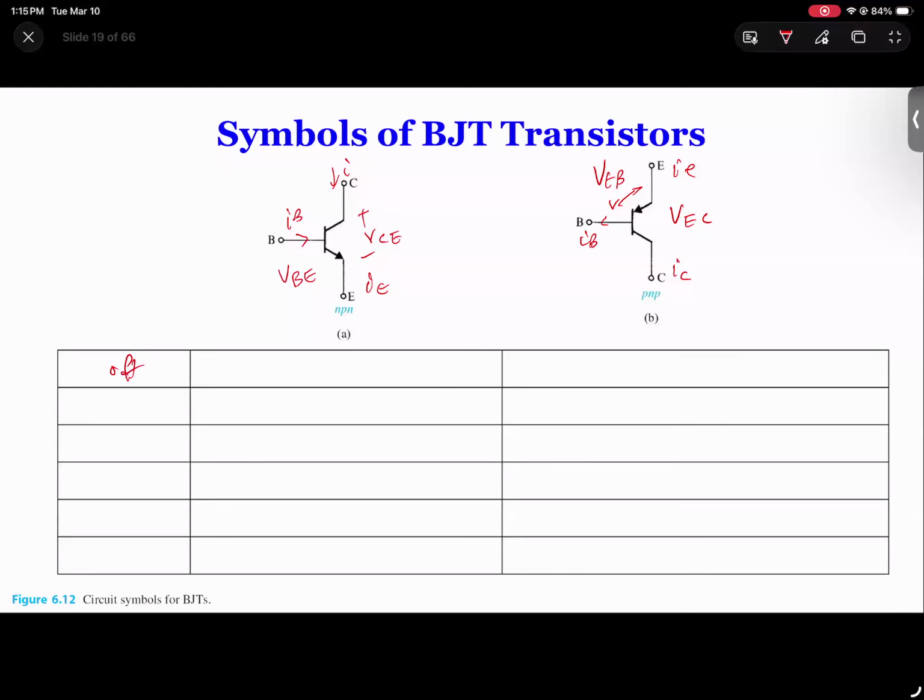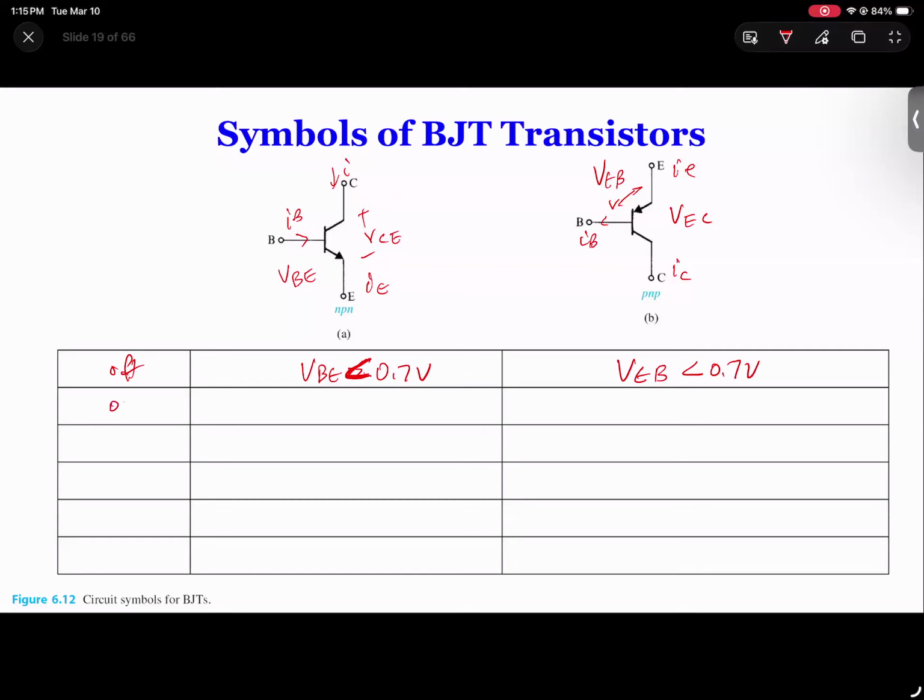So for this to be off, for NPN, our VBE has to be less than 0.7 volts. And for PNP, VEB would be less than 0.7 volts.